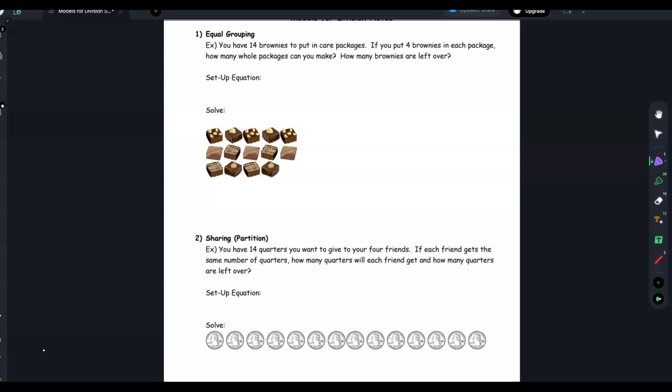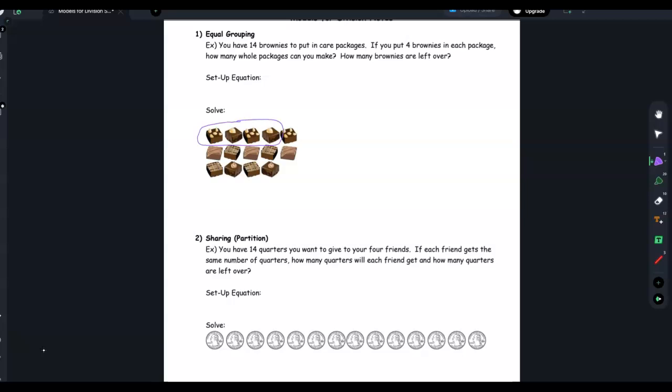We're trying to use the picture to find the answer. It says here, if you put 4 brownies in each package, so let me start doing that. You can imagine if I actually had toy brownies, I could start putting them into packages. For the drawing, I'm just going to circle. It doesn't matter which ones. I'll just take any 4 and say, okay, that's going to make one group or one package.